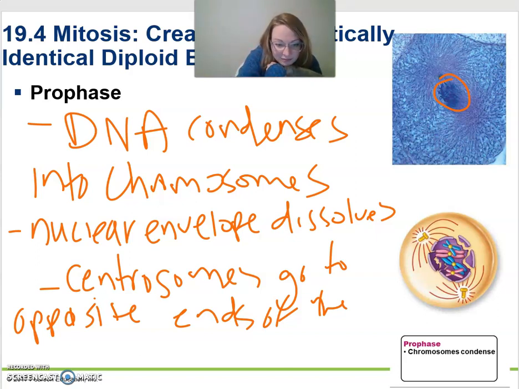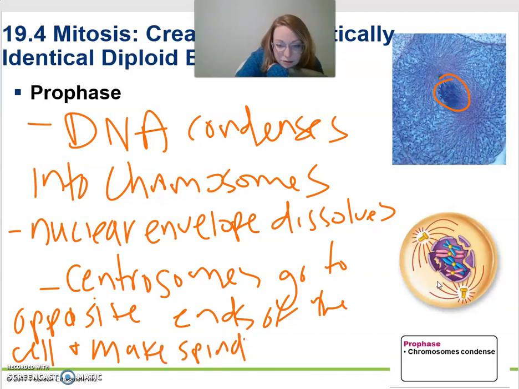So those centrosomes go to the opposite ends, and they're going to start sending out what are called spindle fibers. These microtubules are going to organize how the DNA divides.